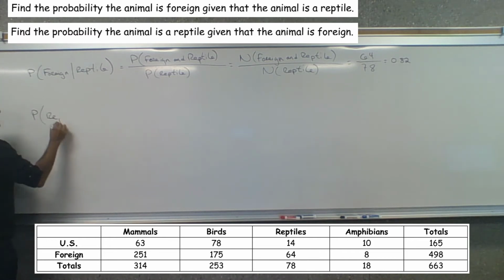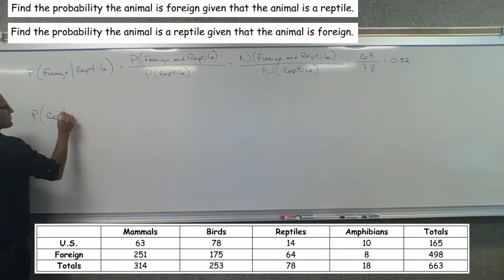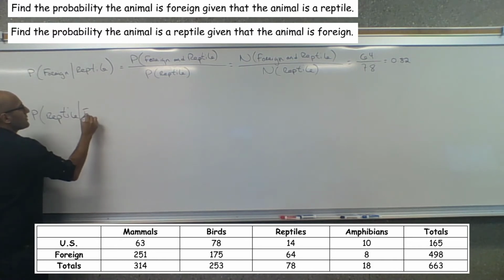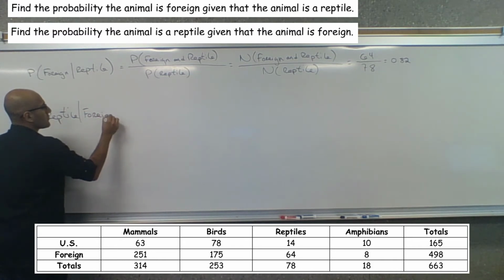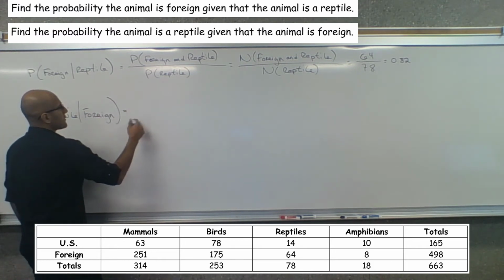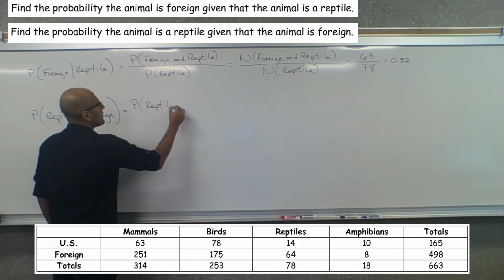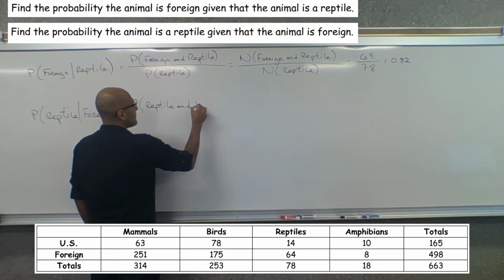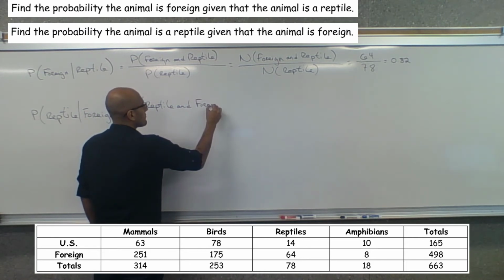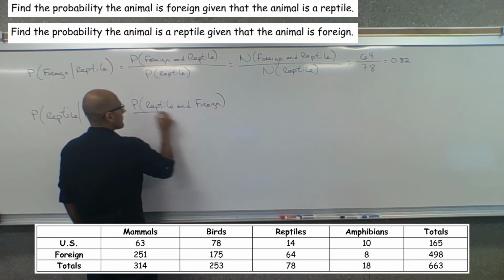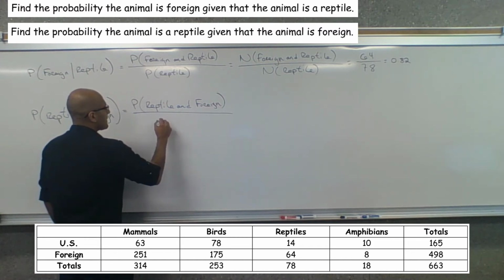What is the probability that it's a reptile given that it was a foreign animal? Probability of reptile given that it's foreign. So then this would be equal to the probability that it's a reptile and foreign divided by the probability that it's a reptile.